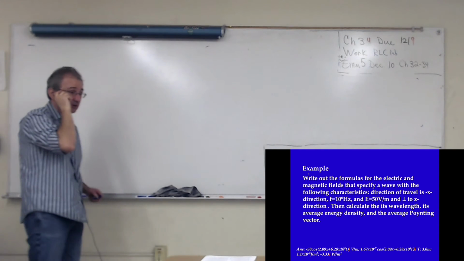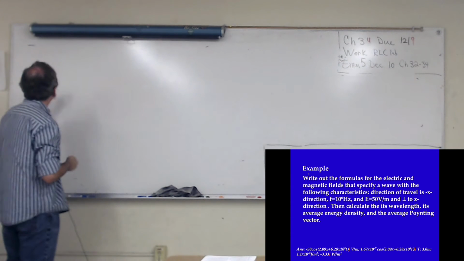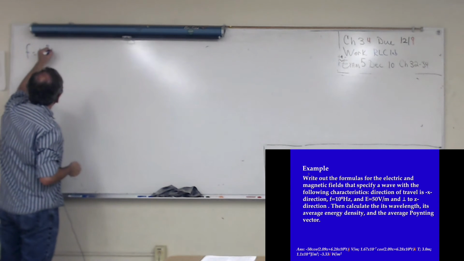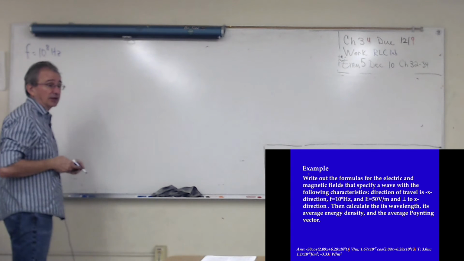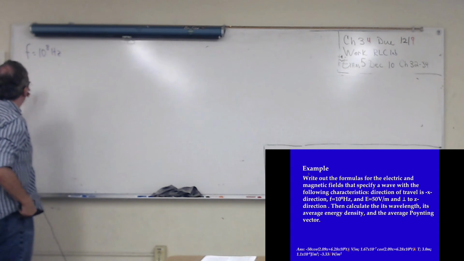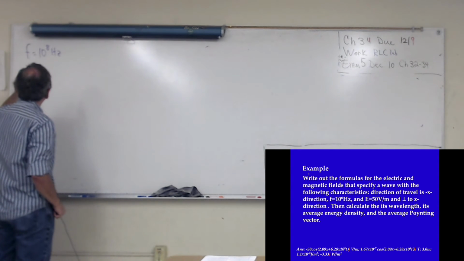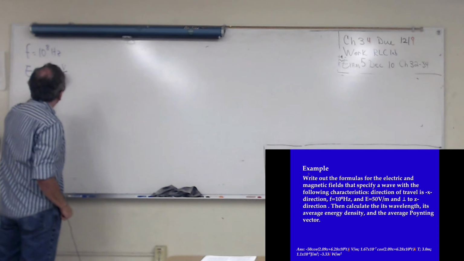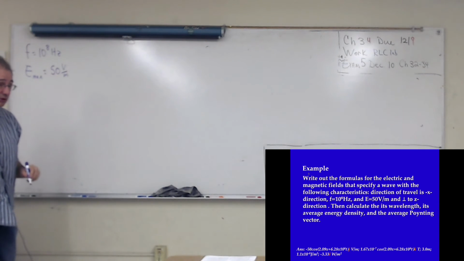Okay, so we have an electromagnetic wave. The frequency f is 10 to the 8th hertz. The electric field, the magnitude, is 50 volts per meter, or 50 newtons per coulomb.